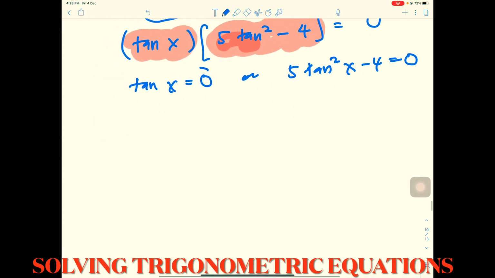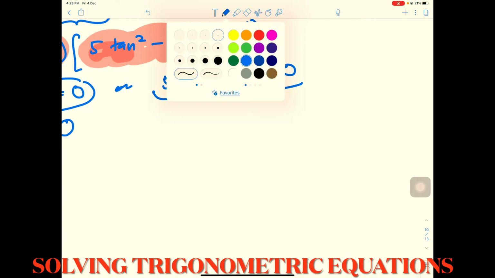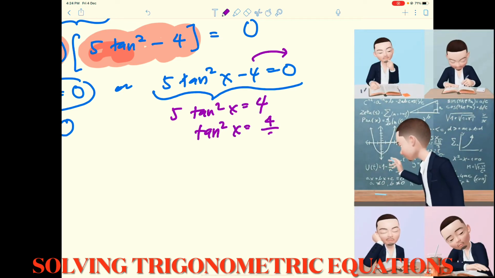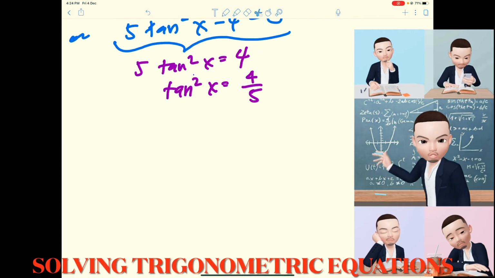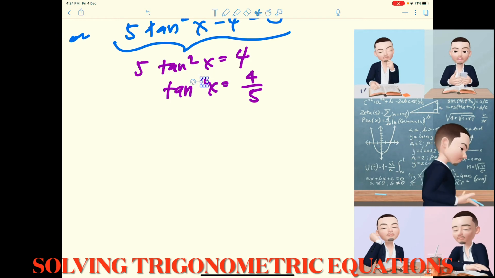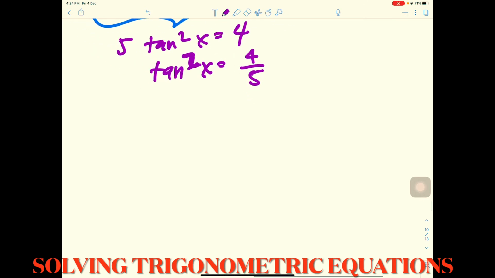If you use your calculator, you will find the angle for tan x equals 0 is 0 degree. Then continue with this solution. Bring negative 4 to the right hand side, so 5 tan squared x equals 4. Therefore tan squared x equals 4 over 5, and bring the square to the right hand side as a square root.